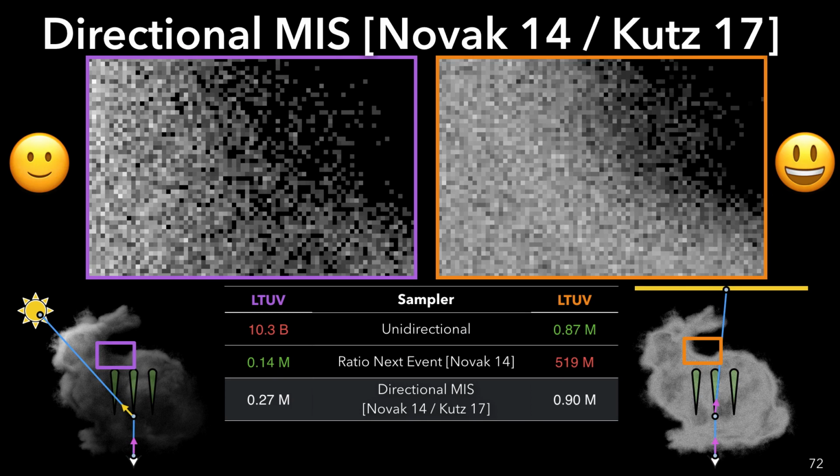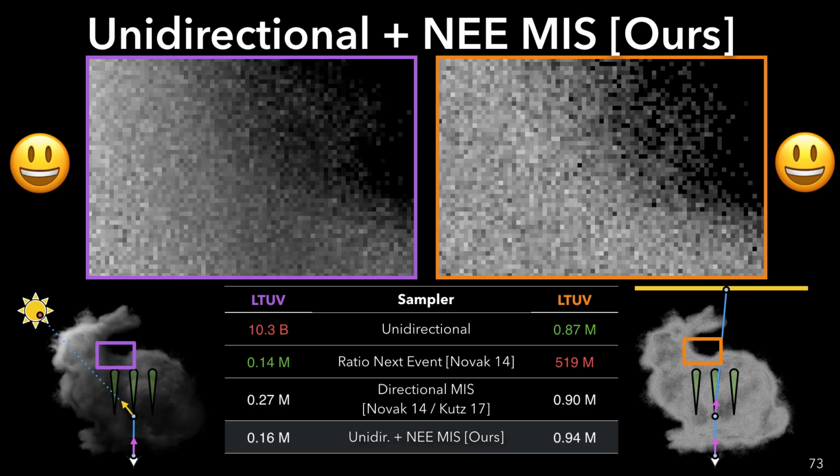So here we combine methods using directional MIS, which combines directional samples for the phase function and the light source. It does a fairly good job with both scenes, but the left scene isn't able to use ratio tracking, and so it's somewhat noisy. When we properly MIS the two strategies, our approach is able to use ratio tracking, and ratio tracking drastically reduces the noise in this scene, where we rely on next event estimation to reach a small light source.